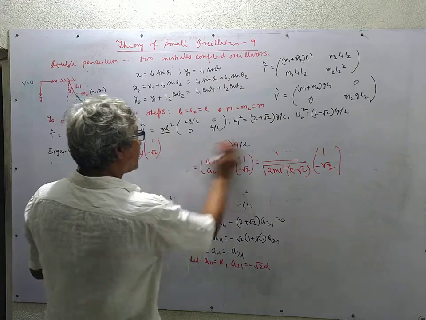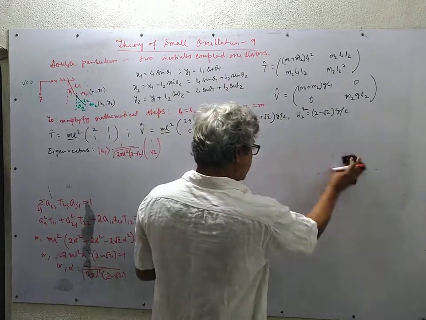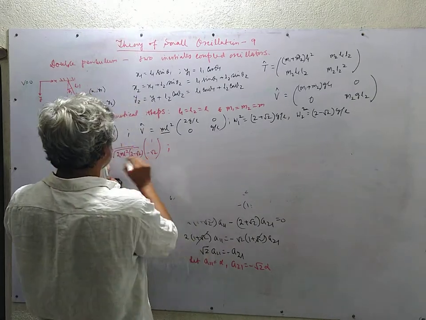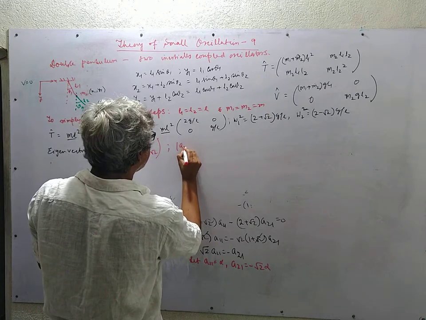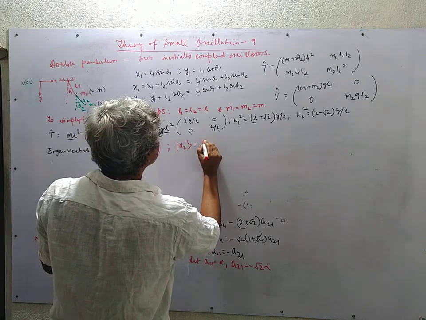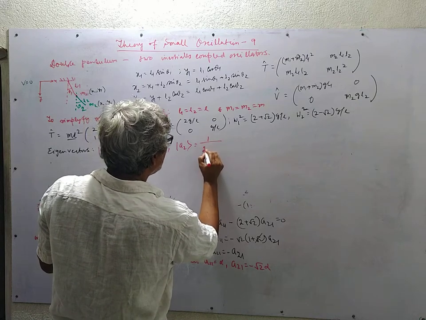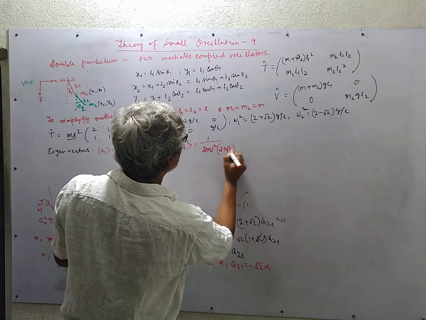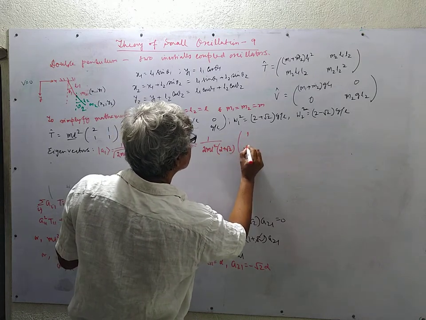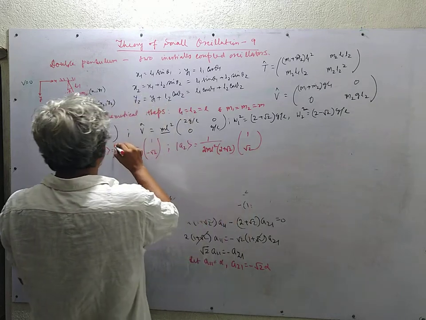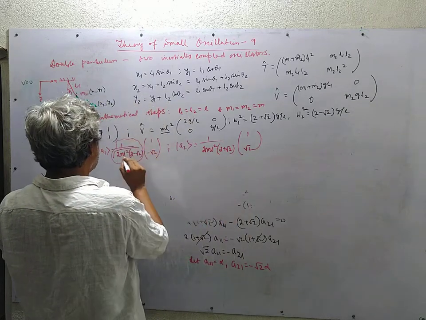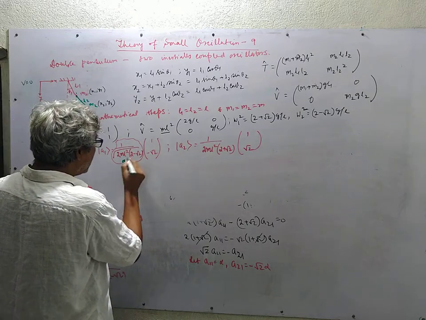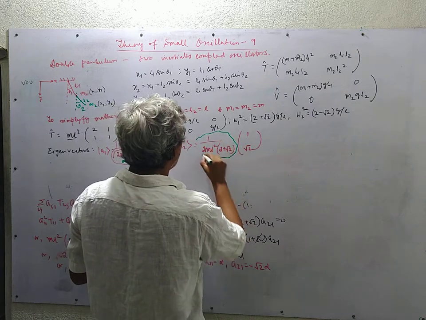And similarly, we can carry on the calculation for the determination of the second eigenvector. For the second eigenvector, this part we call beta, which is 1 upon 2 m l squared (2 plus root 2), and if we carry out the calculation, it is plus root 2. We call the first part alpha, as we have called earlier.